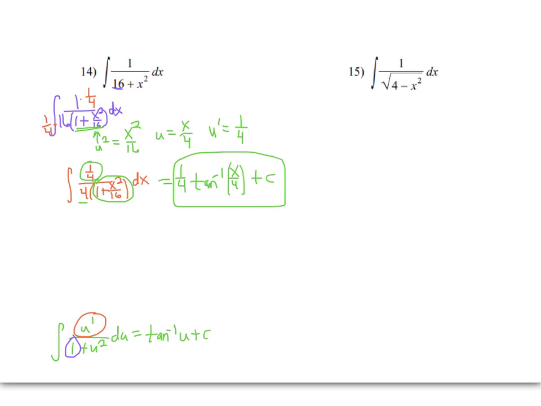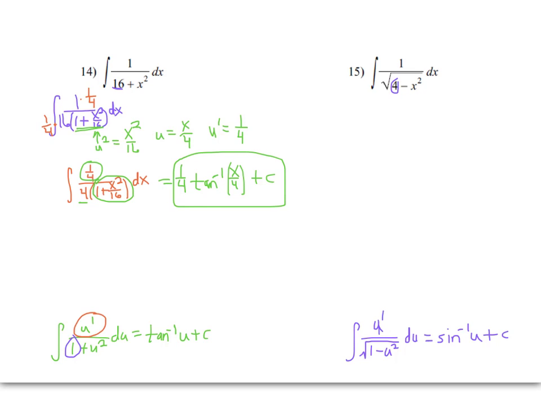Number 15 works pretty similarly. This formula is for inverse sine, and it has u prime over the square root of 1 minus u squared. And so what we want to do is get a 1 right here where this 4 is.